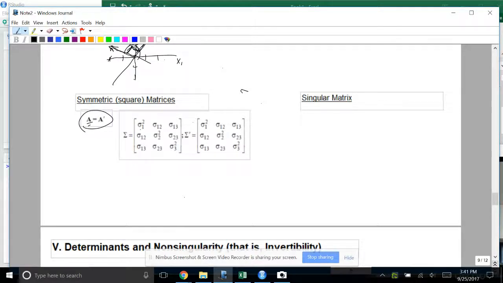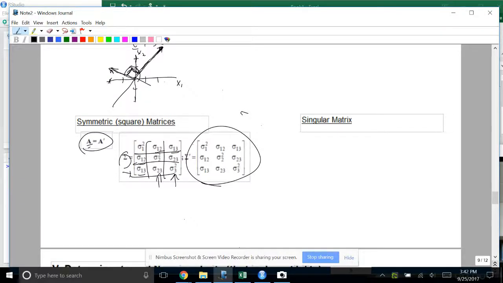So let's say we have a covariance matrix. We have the covariance of 1 and 2, 1 and 3. It doesn't matter what the order is, but what we see is the first row equals the first column, the second row equals the second column, and the third row equals the third column. So when we swap the columns and rows, it's the same thing. So for symmetric matrices, if we take the transpose, we don't have to worry about swapping anything out.